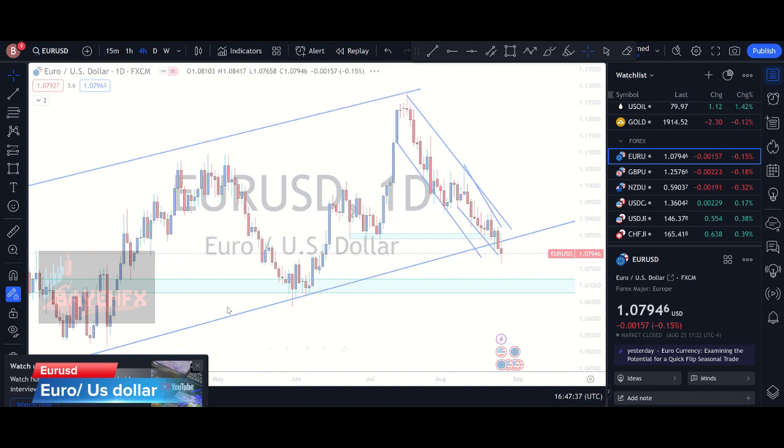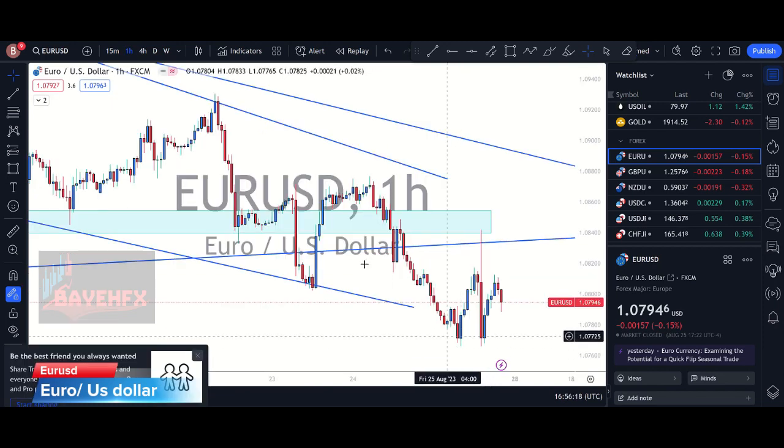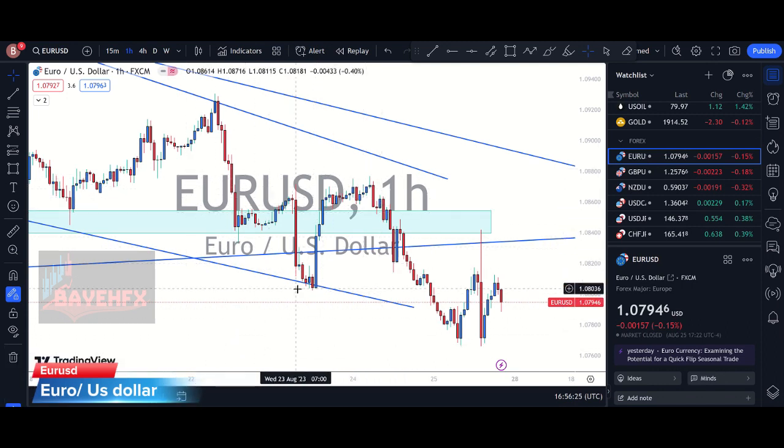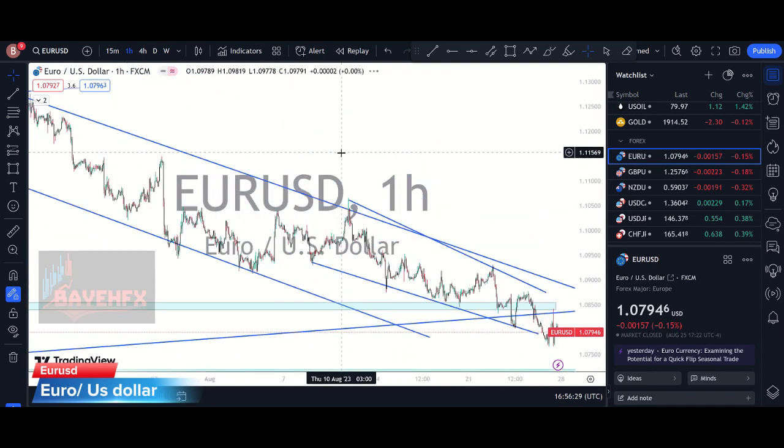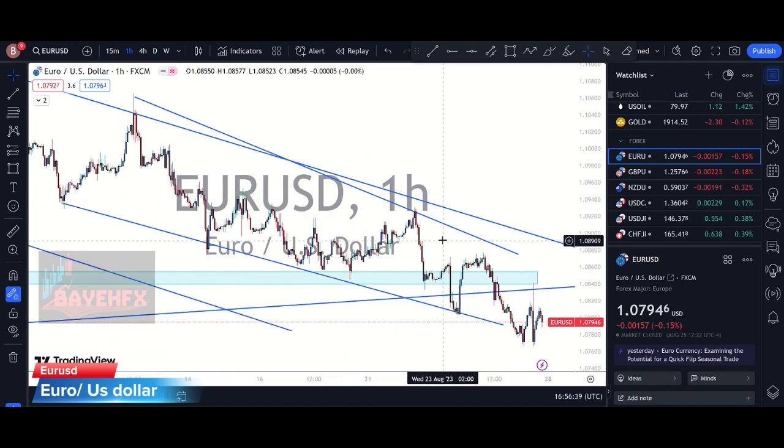Okay guys, this is EURUSD on the 1 hour time frame, right? In the previous analysis, you could see that the market, after hitting this particular sell side, started crashing down.